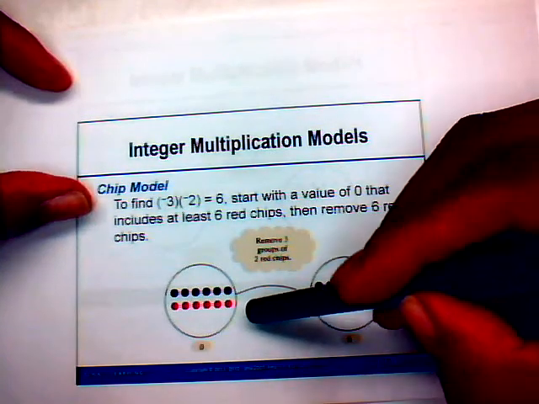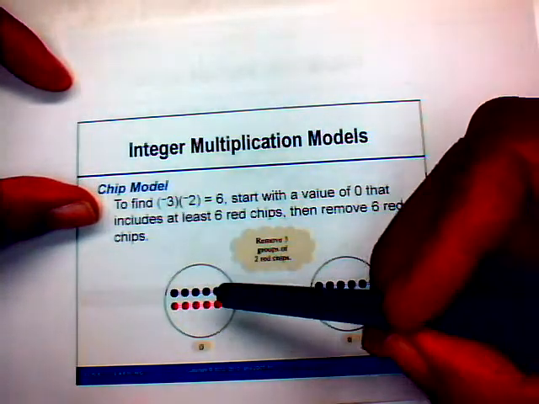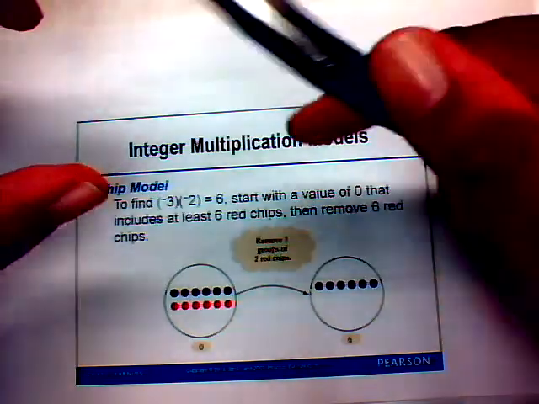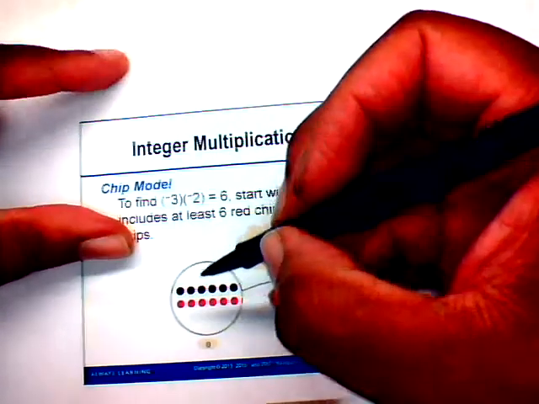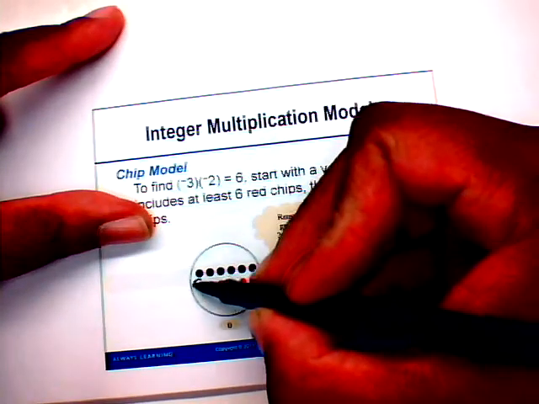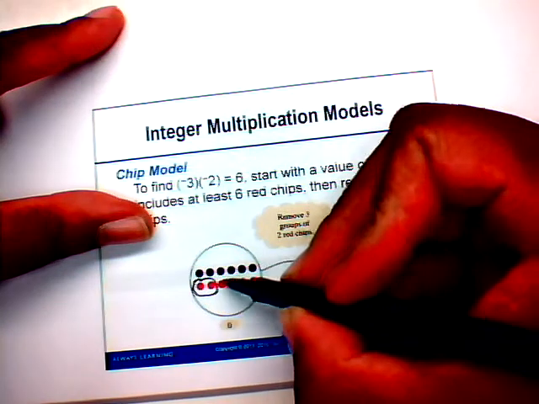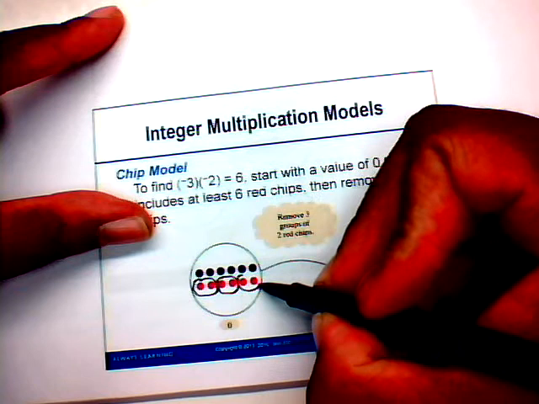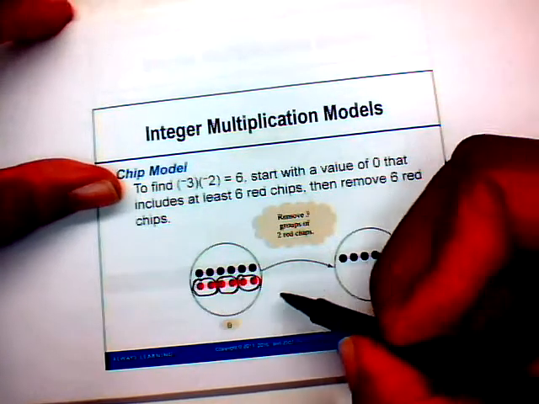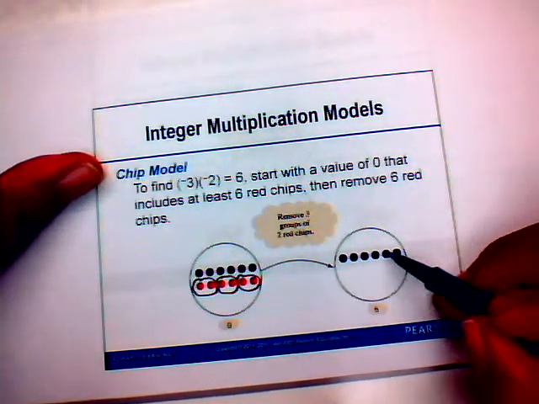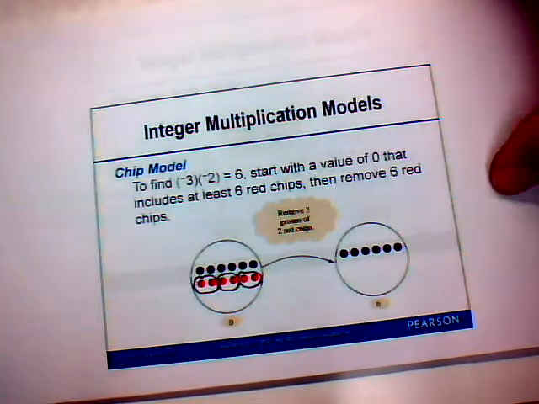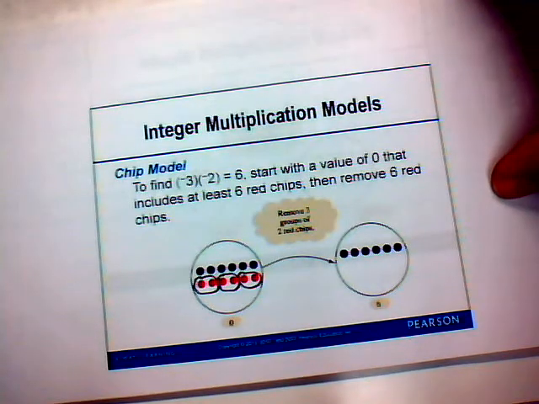You're going to remove 3 groups of 2 red chips. That's 3 times negative 2. So here's one group of 2 red chips, a second group of red chips, and a third group of red chips. We're removing those. Once those are gone, you have 6 black chips, or positive 6. That represents negative 3 times negative 2, which is positive 6.